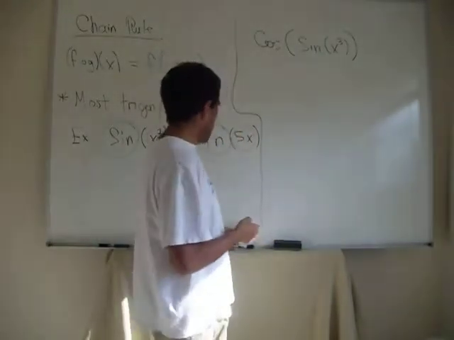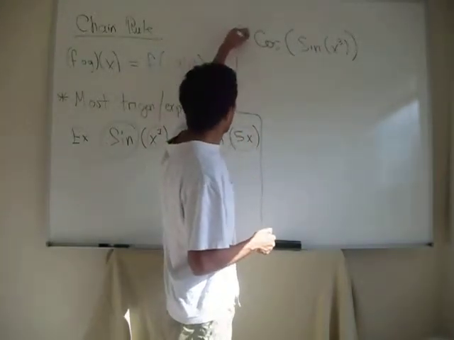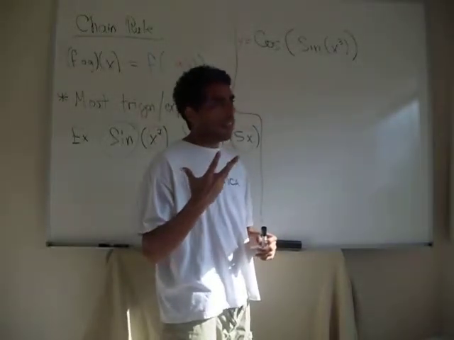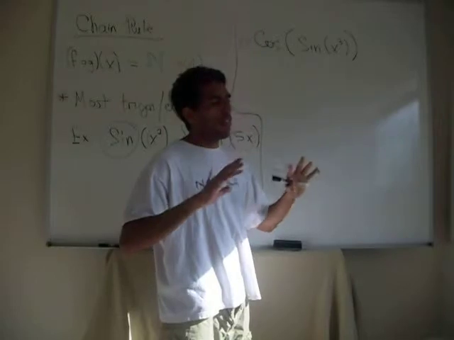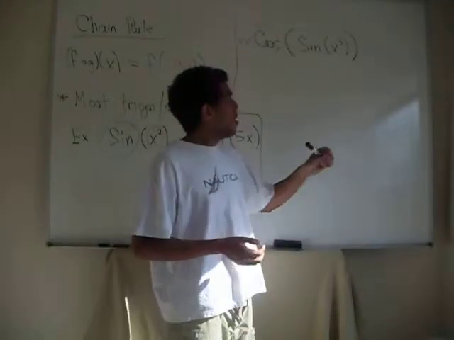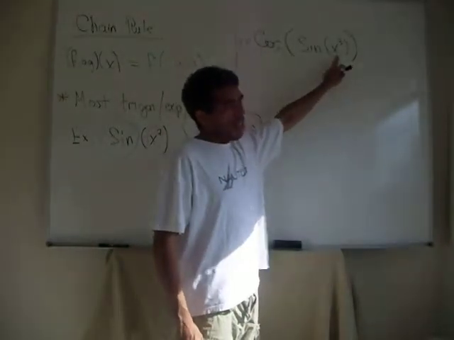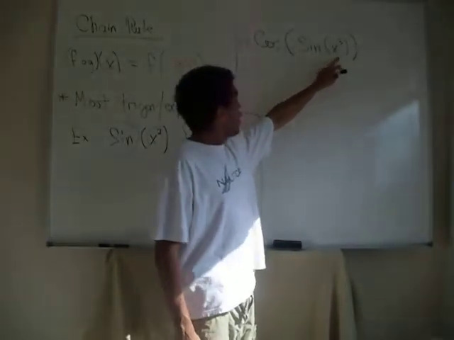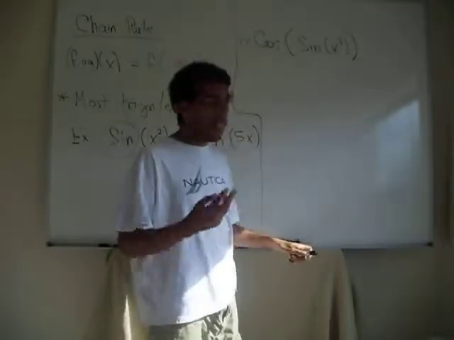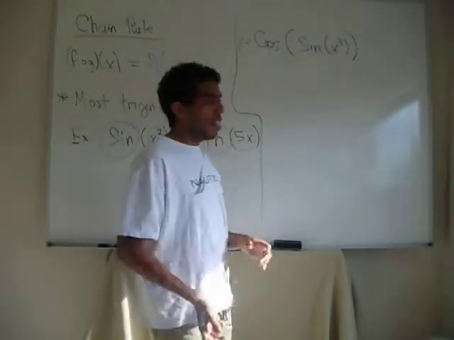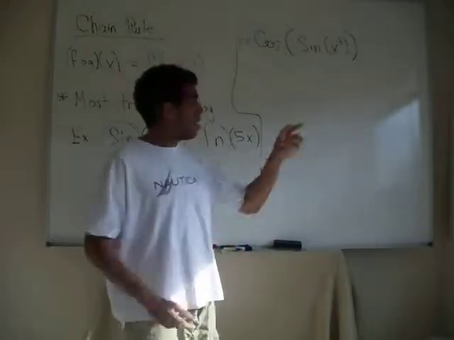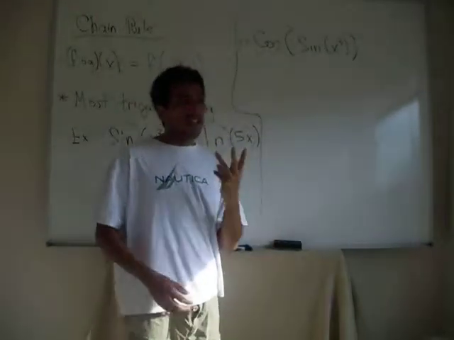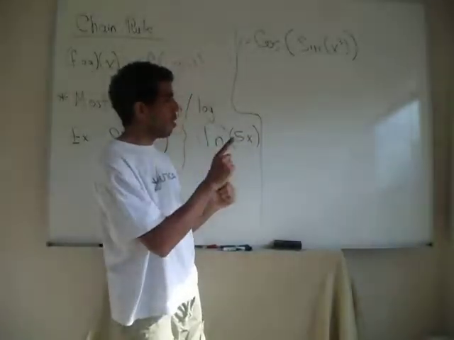Well, I have a variable. It's called x, right? Doesn't matter what number it is. What am I doing to x? Well, first of all, I'm taking the cube of it. Then I'm doing the sine of it. And then I'm doing the cosine of it. So I'm doing 3 things to a variable. This is a composition of 3 functions: x cubed, sine, and then cosine. So here we have 1, 2, 3.